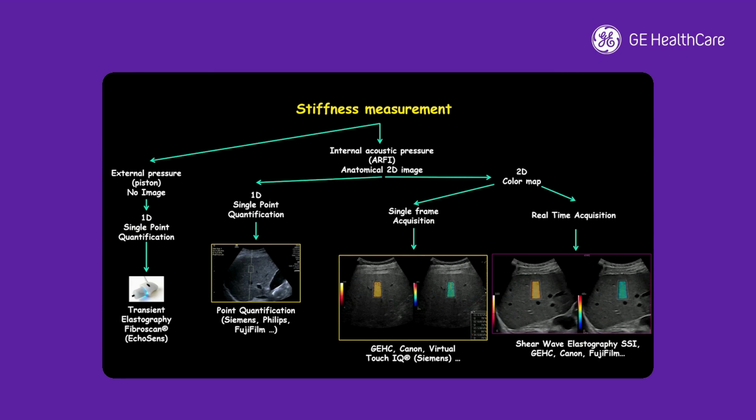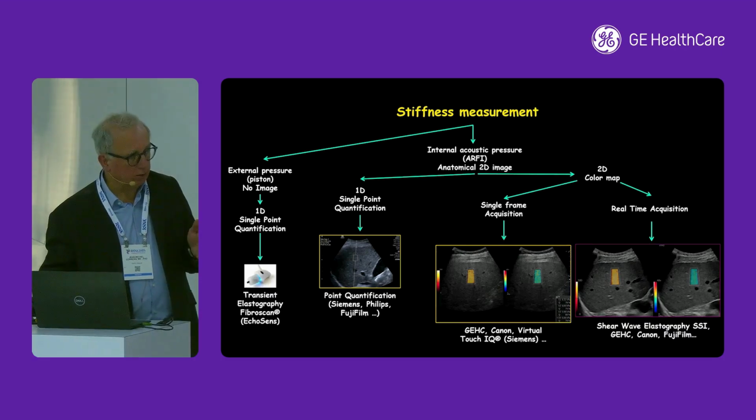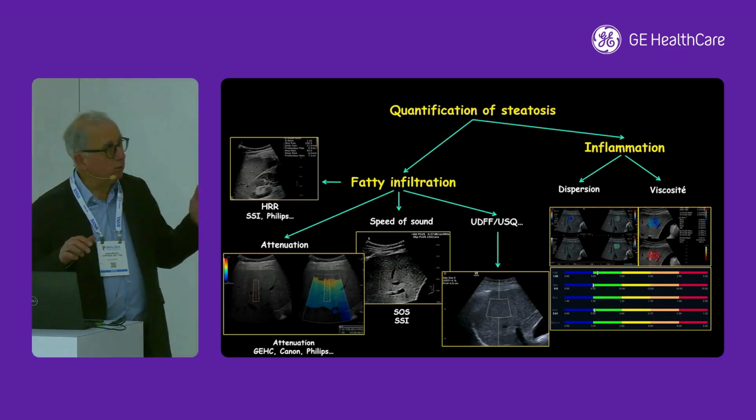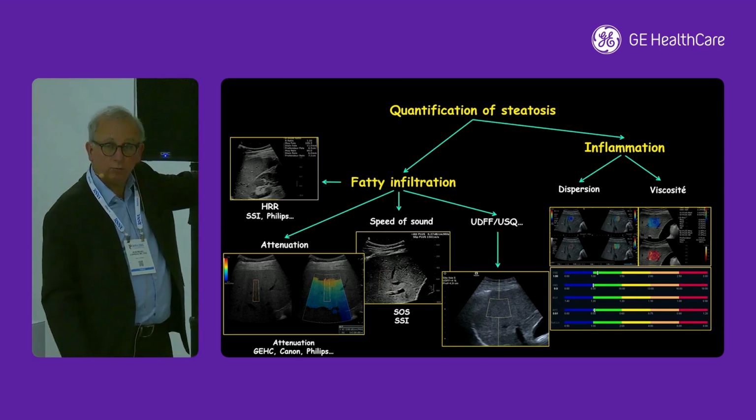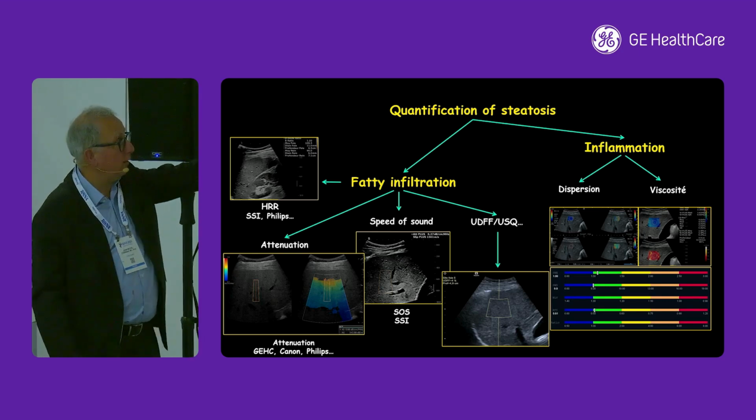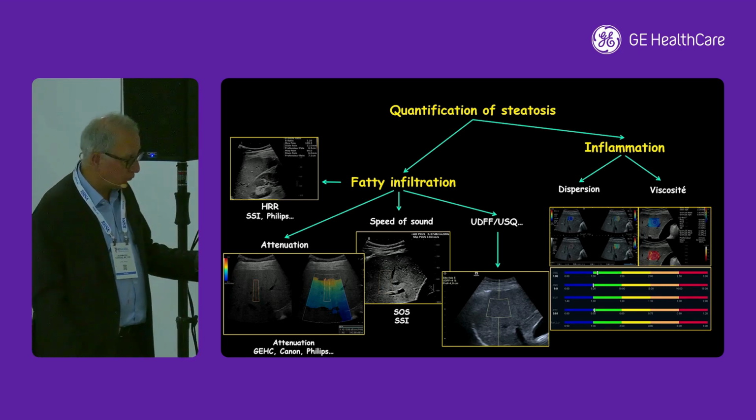My preference is always to go step by step, and I prefer to split the acquisition for stiffness from the acquisition for attenuation. And then for quantification of steatosis, you have the hepatorenal ratio, so the brightness of the liver compared to the adjacent right kidney.